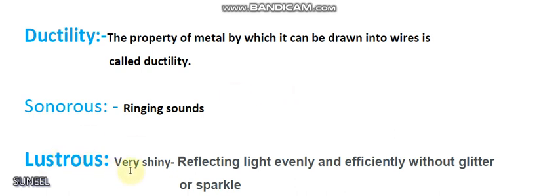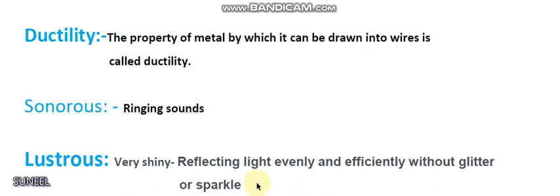Lustrous. Next word is lustrous. Lustrous means very shiny or having shiny appearance. And the reflecting surface evenly and effectively without glitter or sparkle is also known as lustrous. So all the metals are very shiny in appearance, especially when they are new.